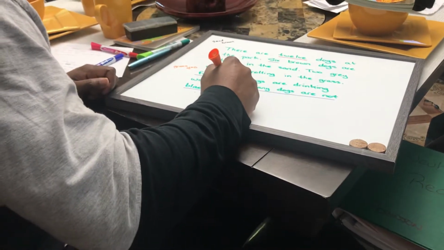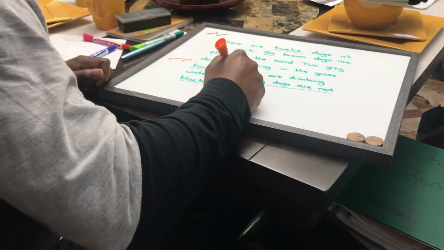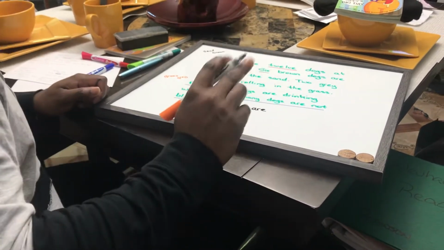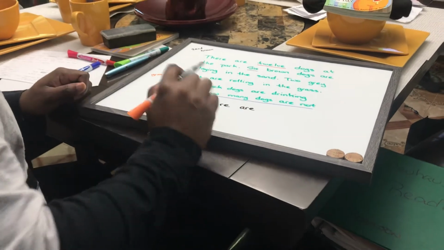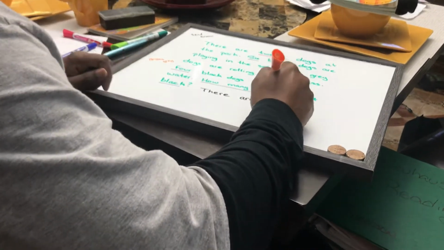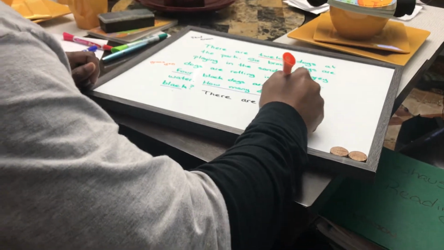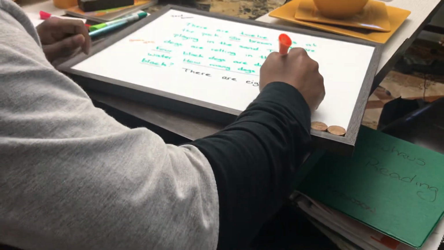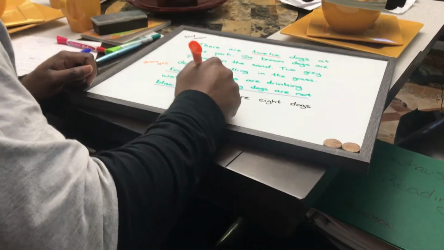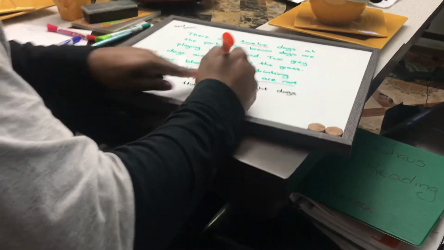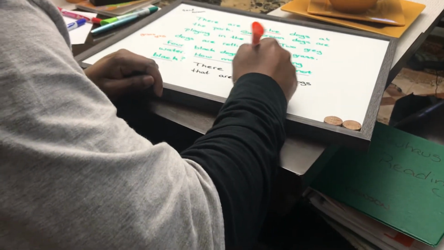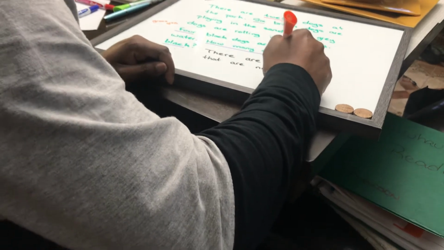Or, there are 8 dogs that are not black. Now remember, when we're writing, two-finger space, capitalization. Everything's capitalization, two-finger space. There are 8 dogs that are not black.